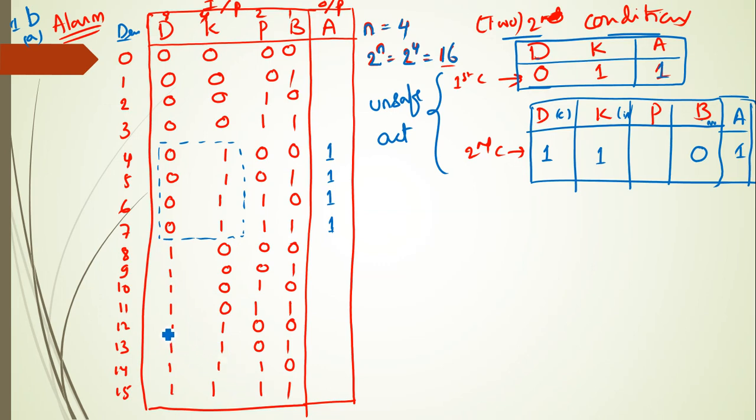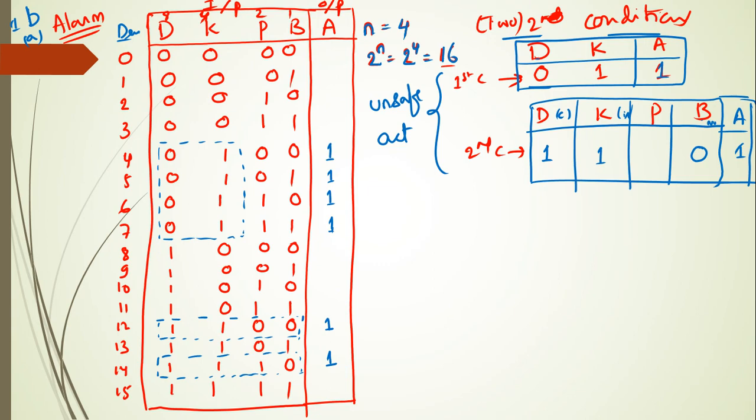That is a very important point. Where D is 0 and B is 0 in this condition and in this condition, for these both cases also it is treated as 1. So the rest are all treated as zeros. Keep it in mind.